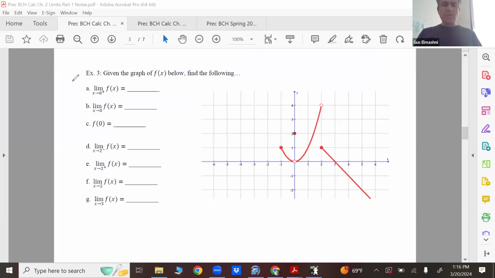Okay, so this is a right-hand limit. If I'm approaching 0 from the right side, what's y getting close to, guys? 0. Now, if you don't see a superscript, you call this a two-sided limit.